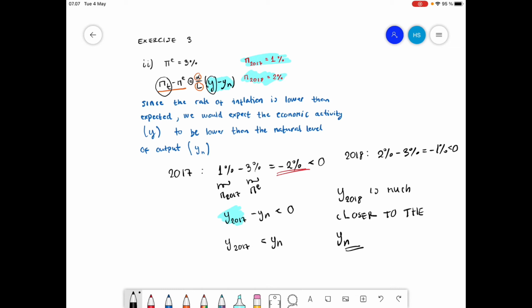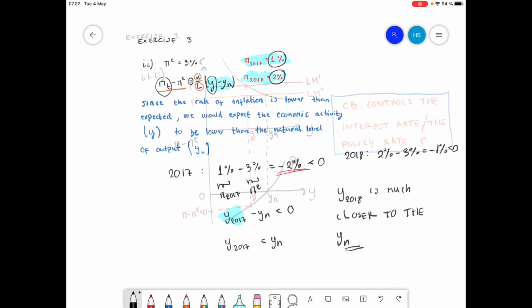That is the actual output level, the amount of goods and services being produced in the economy, which is driven by the demand side of the economy. So if there's a higher demand for goods and services in the economy, production will be higher, output will be higher, and also prices will be higher. And this is also reflected in this higher rate of inflation in 2018 compared to 2017.